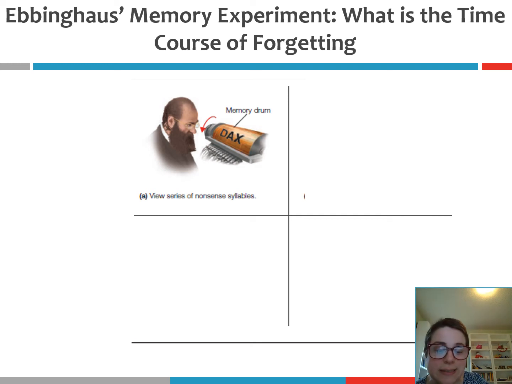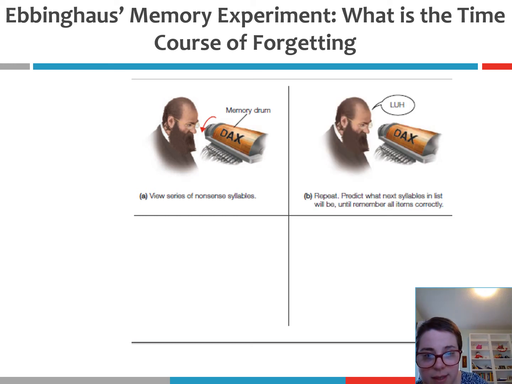So most of his lists were comprised of about 13 nonsense syllables. So he would view a series of nonsense syllables, and then he would repeat the list, and he would try to predict the next nonsense syllable that would appear in the list until he could remember all of the nonsense syllables in the correct order, right?